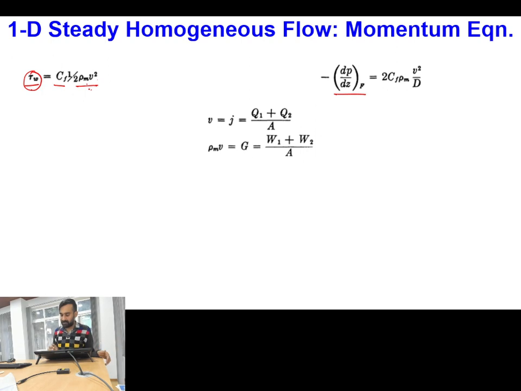Once I replace tau W with this relation, I will be getting 2 Cf rho m into V square by D. Now I will take the help of these two relations.